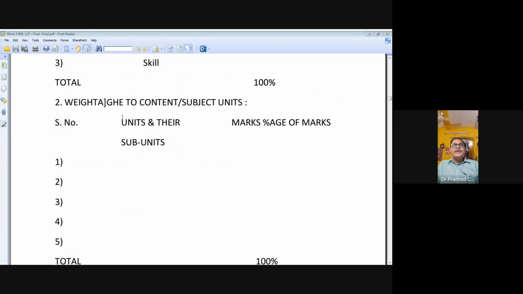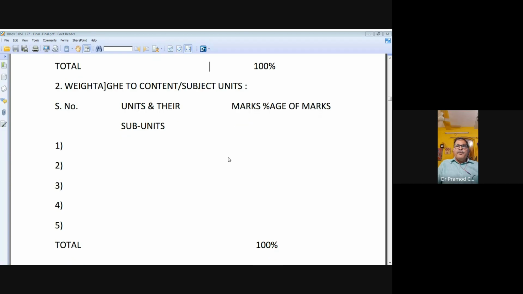But when you are giving the content, then definitely what will you focus on? Suppose here I am giving only 5 units. How many percent you give to one unit means how many questions. Suppose 100 questions will be there, 5 units of 20 each, then it will be 100.